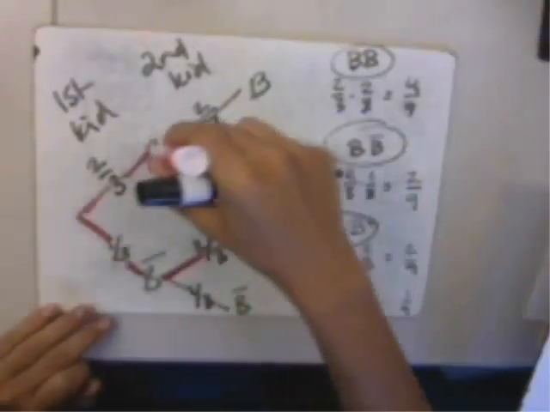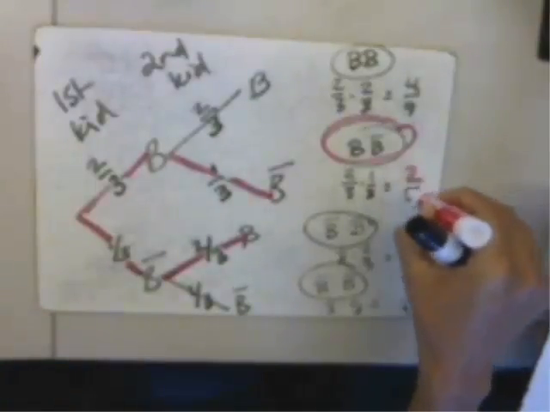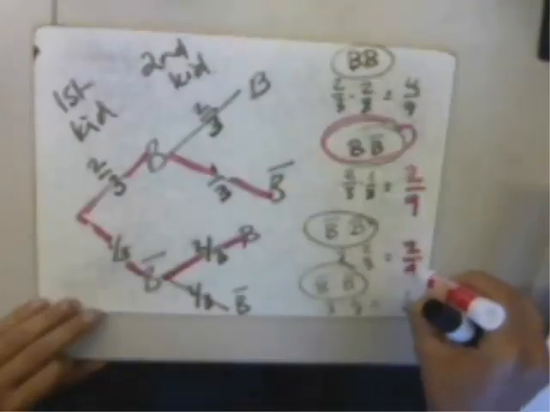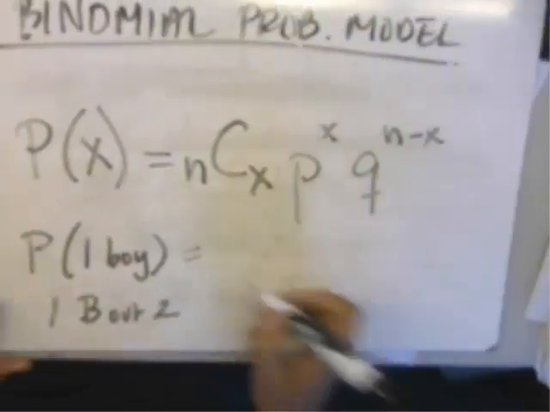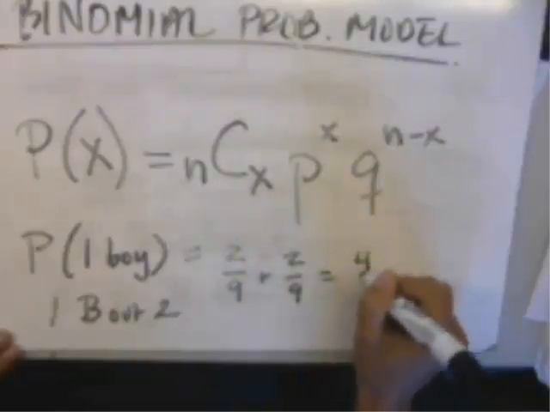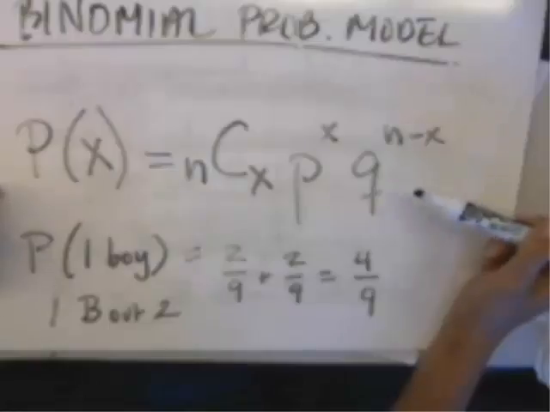Another way is not boy, then boy. All right, so during this one, we have a 2/9 probability, and this one we have a, well, guess what, a 2/9 probability. It's either or, either your boy is the oldest or the boy is the youngest, so either or, we're going to add those together. In fact, this is 2/9 plus 2/9, or 4/9.